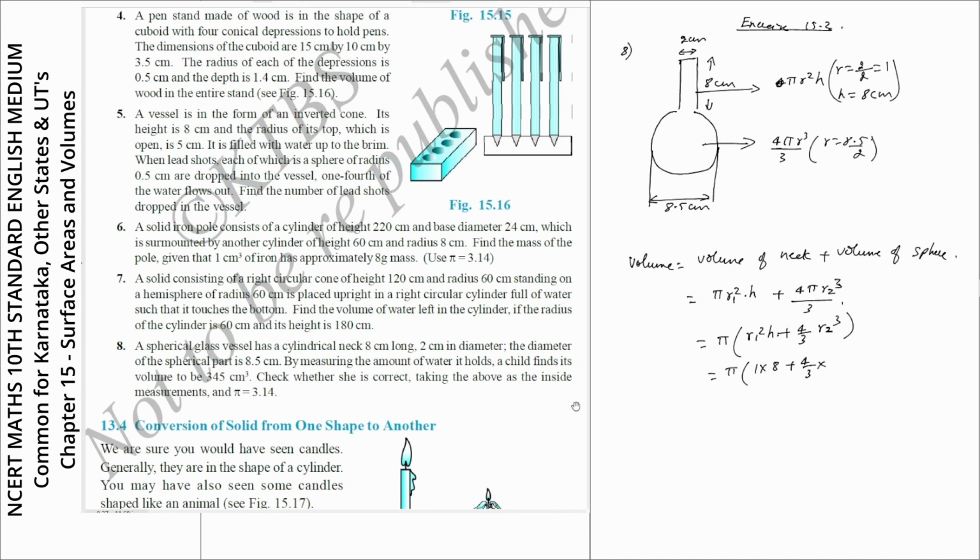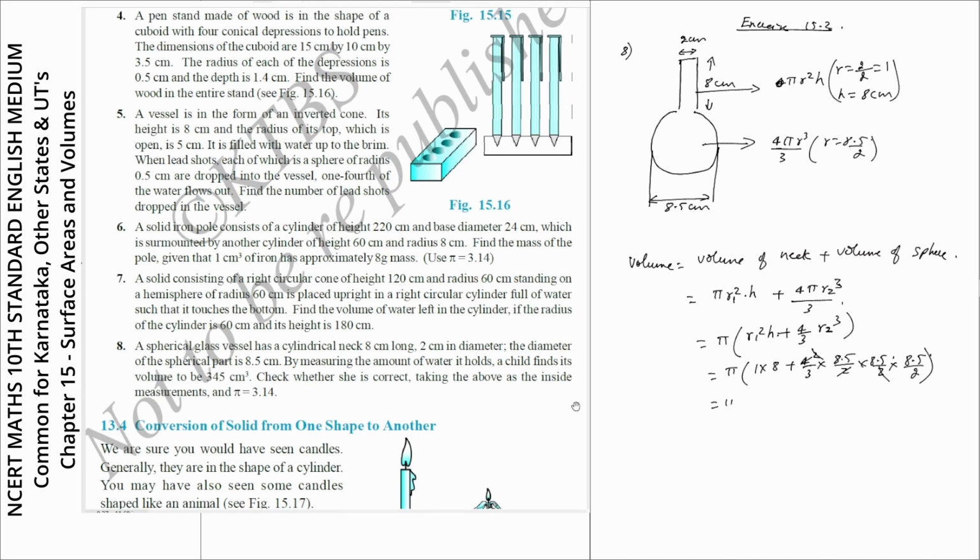So r2 is nothing but the radius of the sphere. r2 here is 8.5 by 2, that is 8.5 by 2 into 8.5 by 2 into 8.5 by 2. 2 ones are 2, 2 twos are 4, again 2 ones are 2, 2 ones are 2.